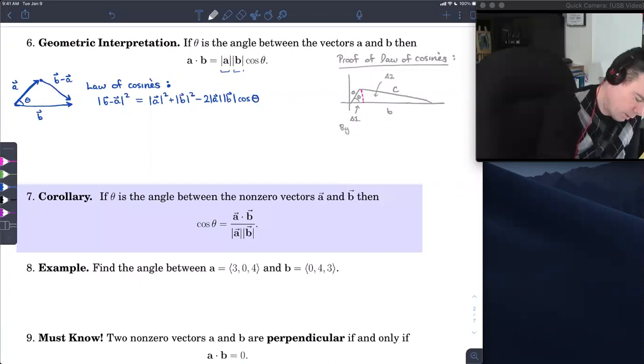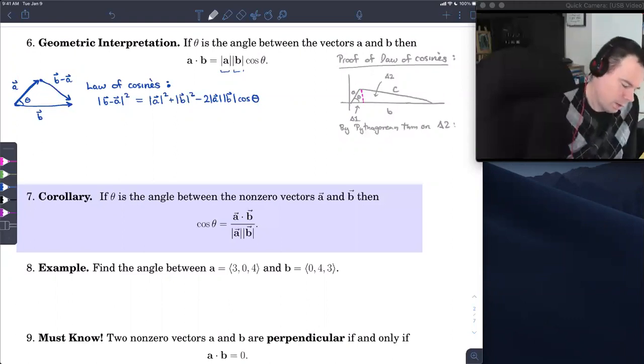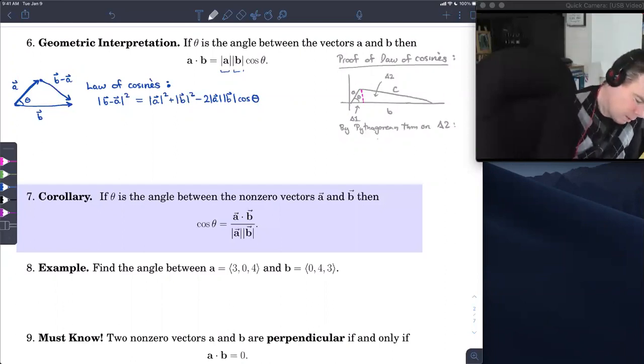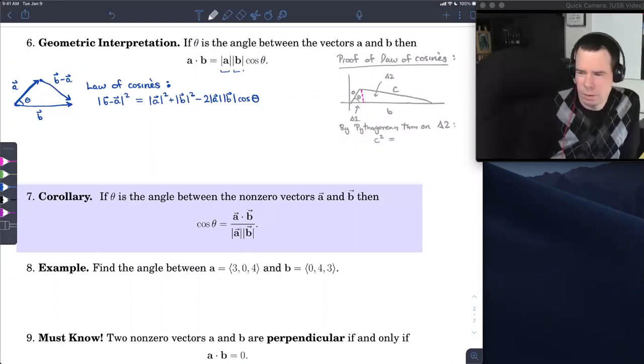So by the Pythagorean theorem on triangle 2, the hypotenuse is c, so I have that c squared is equal to the height squared plus the base squared.